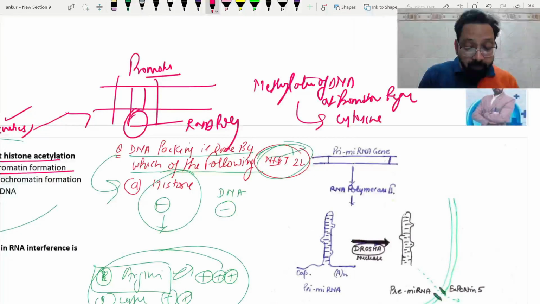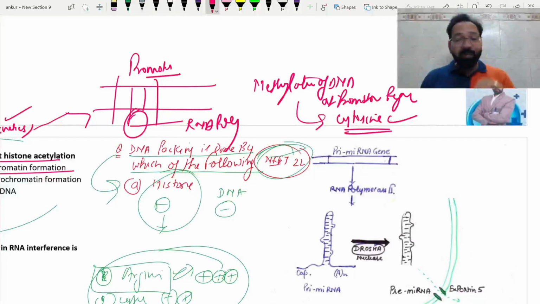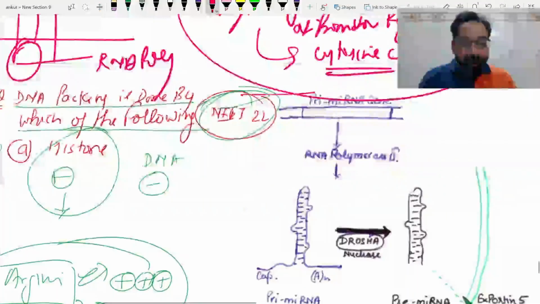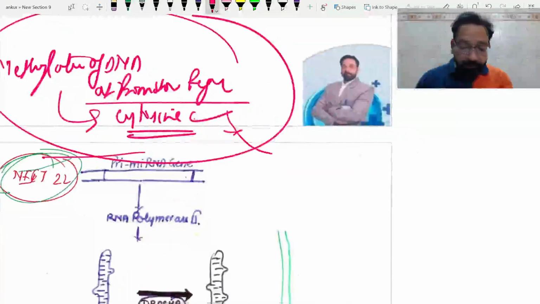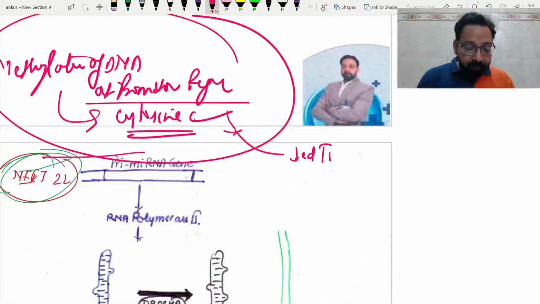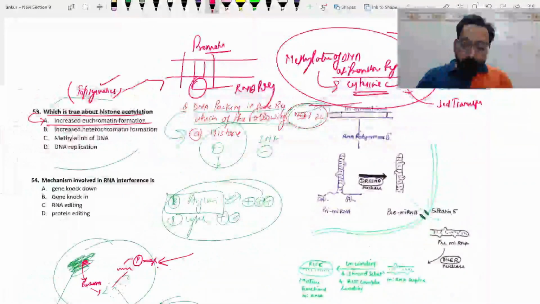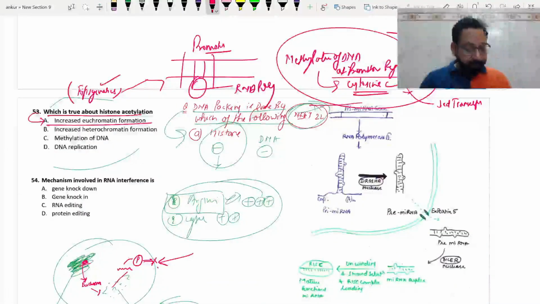Cytosine. Sometimes you will find that they give cysteine. Cysteine is not a nucleotide base, it is an amino acid. So cytosine is methylated, and methylation of DNA at the promoter region at cytosine decreases transcription. Clear? So these are common questions of epigenetics.